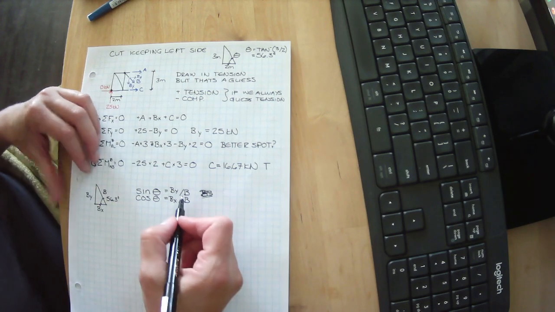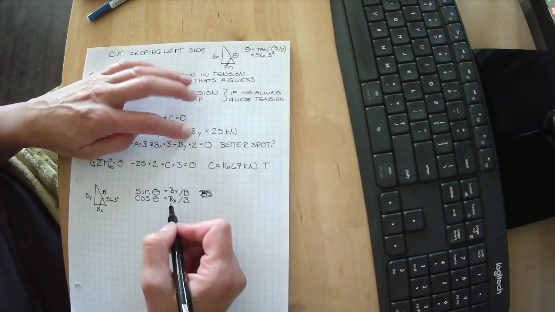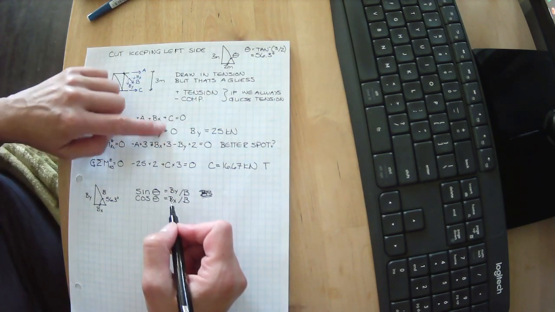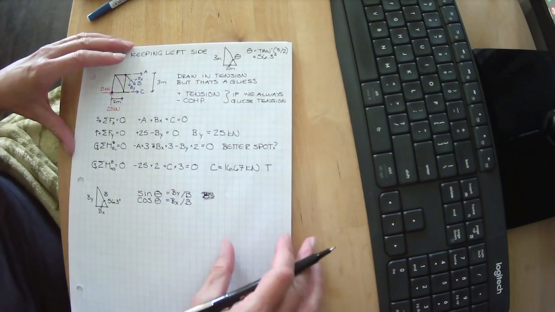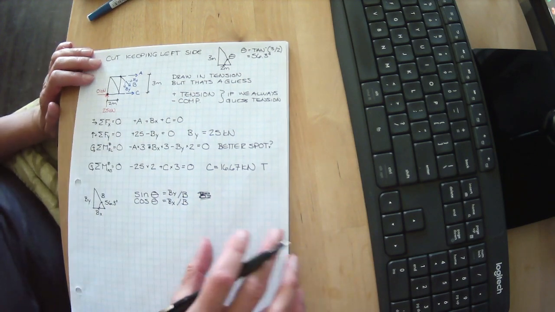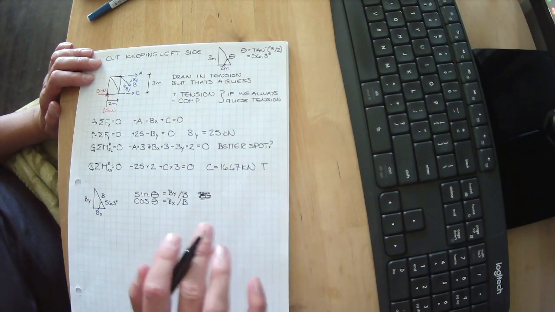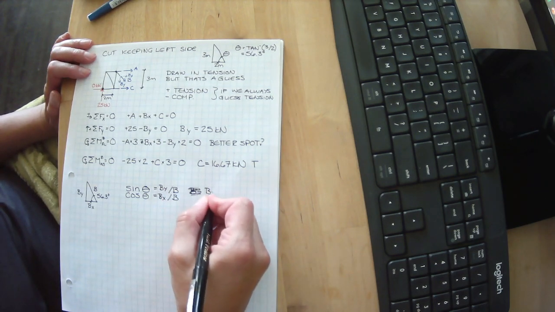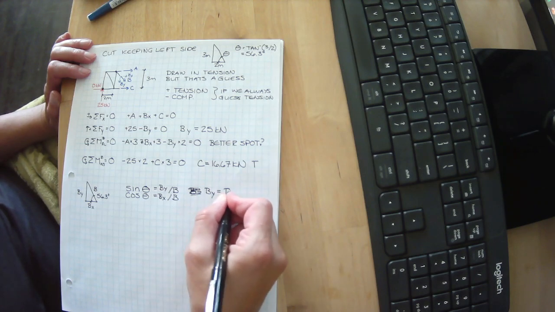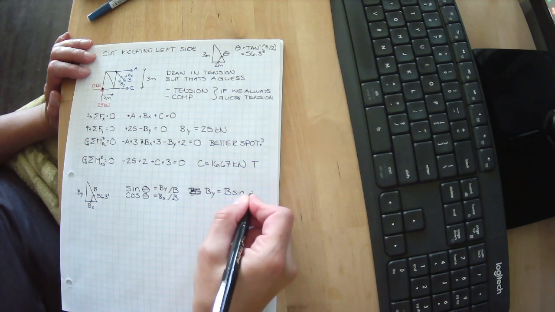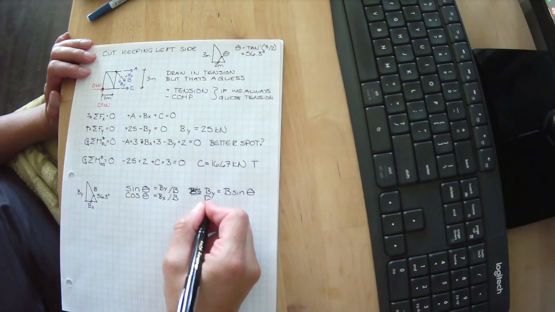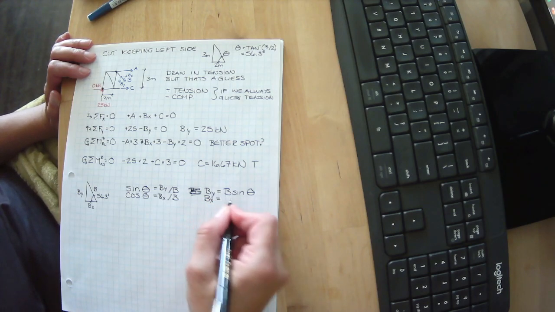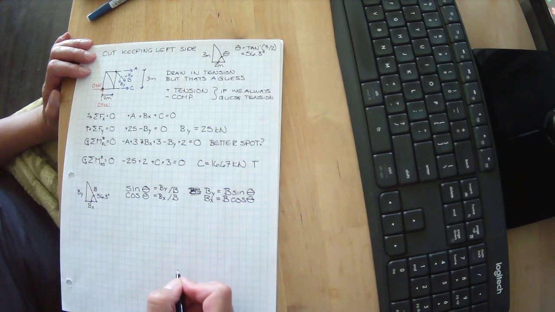Okay. Well, we want to know what BY is, because we want to be able to figure out what that value could be. I'm showing you a handy trick that's going to make our life a little bit easier. BY equals B times the sine of our angle. And BX equals B times the cosine of our angle.